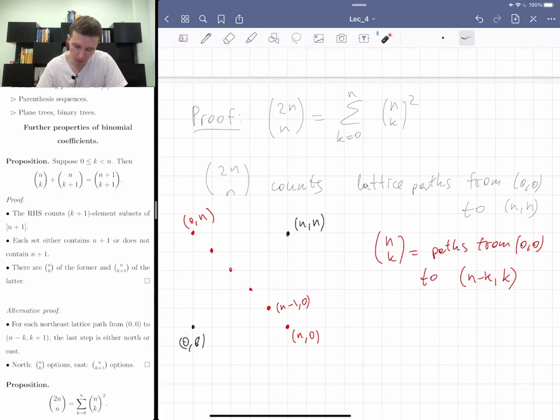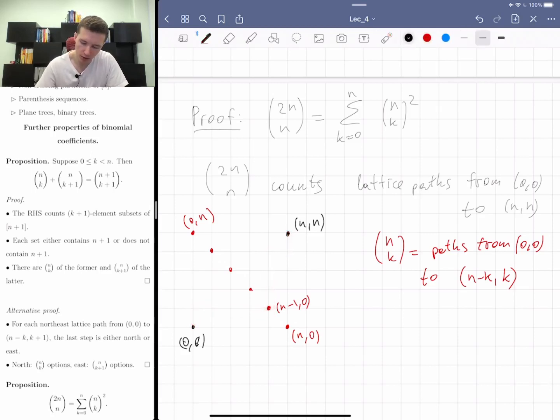So for example, k equals 2 corresponds to all lattice paths which come from 0, 0 and get to this point. Now it's pretty easy to see what's going to happen, right? Every path on the left has to go from 0, 0 to n comma n, so it necessarily has to pass through a unique point on this anti-diagonal. Every path.